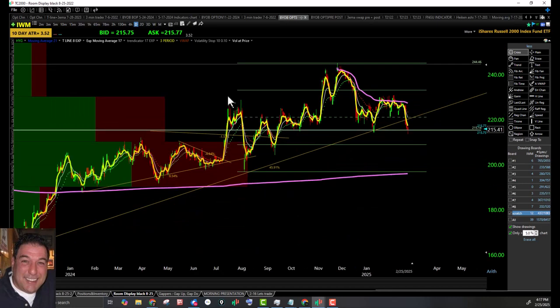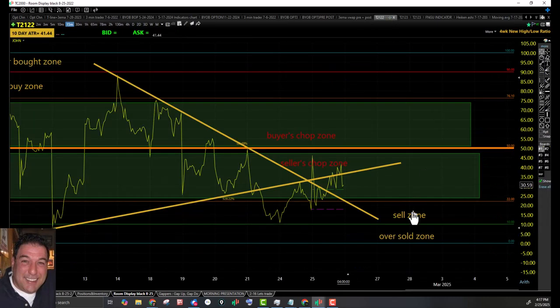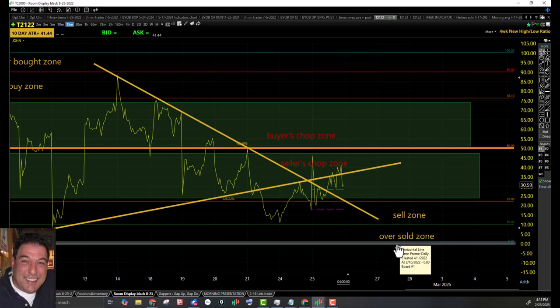All right, let's go take a look at the technicals. All right, amazing. We didn't find our way into the oversold zone. We actually bounced from this higher low, which I really expected us to be in here, and we didn't seem to make it.